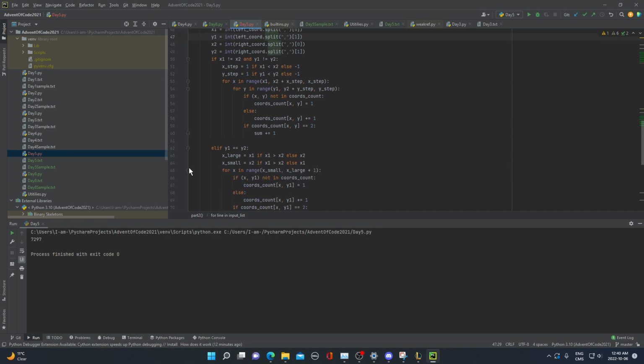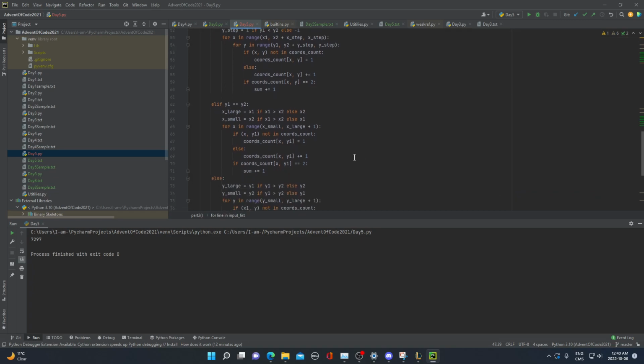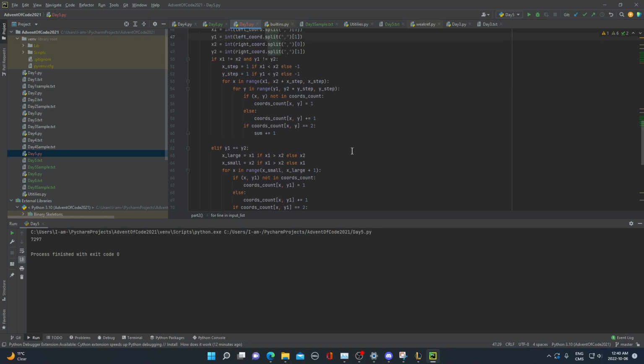I guess here we could also do x step and y step, but x large and x small works too. I mean, this looks fine to me.